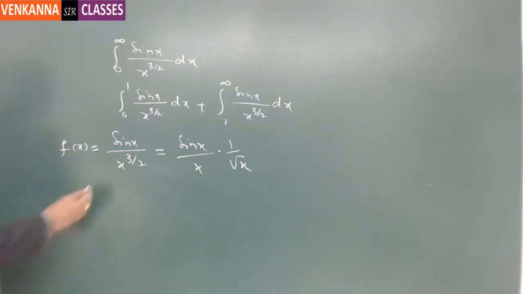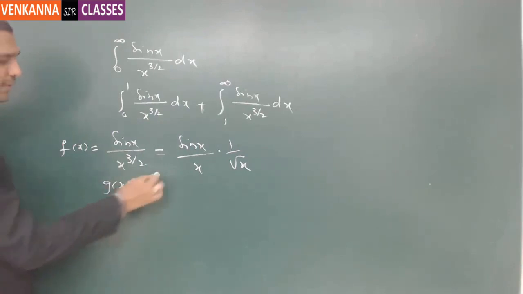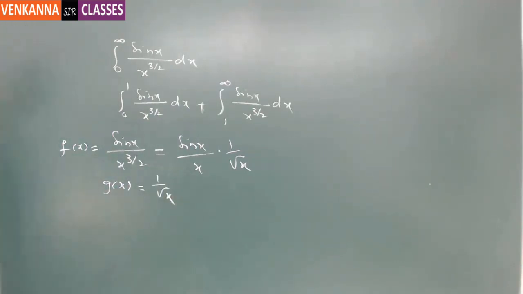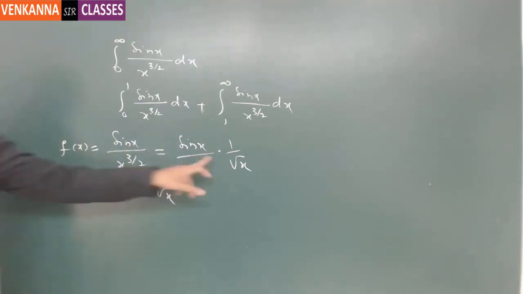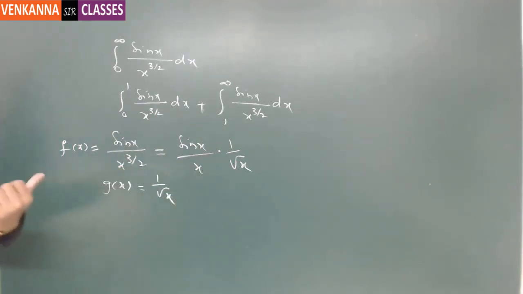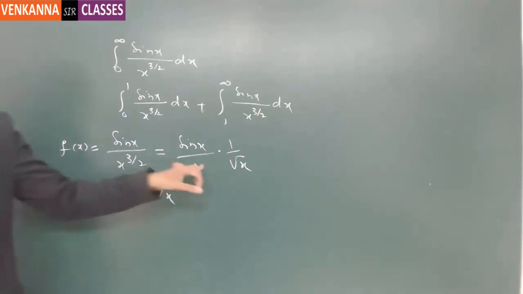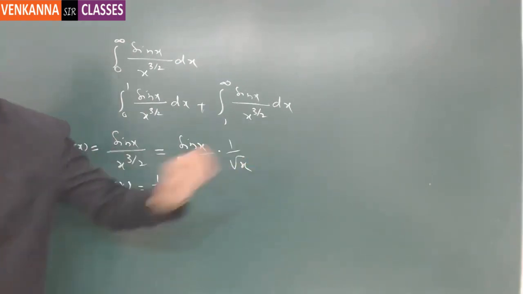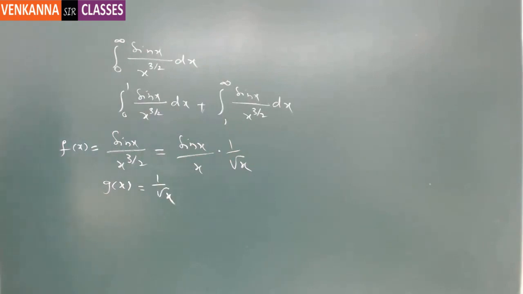Now we take g of x equal to 1 by root x, because it is confirmed that the point 0 is the point of infinite discontinuity. If you apply the limit as x tends to 0, f of x gives 1 into infinity, nothing but infinity. It is a point of infinite discontinuity.